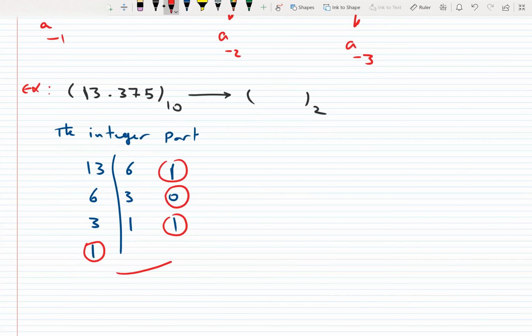So we can say 0.6 in base 10 is equal to 0.4631 4631 4631, and so on up to infinity in base 8.